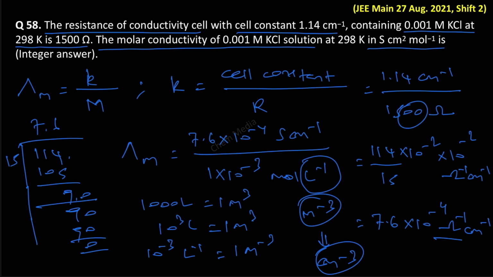So therefore per liter is equal to per meter cube times 10 to the power plus 3, isn't it? Because we are bringing this to the other side. So therefore when it comes to the numerator it would become positive 3.